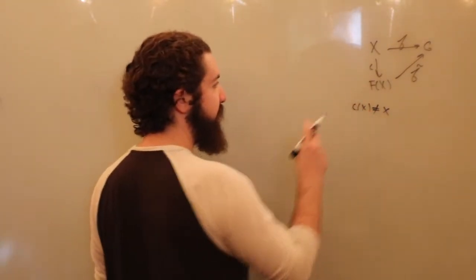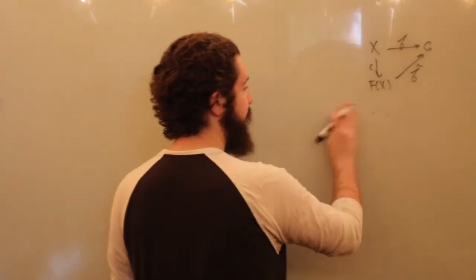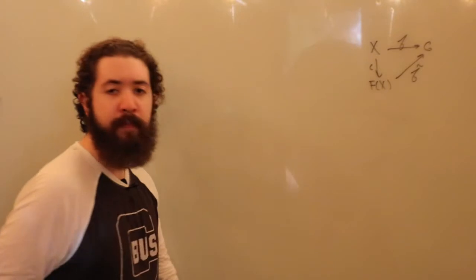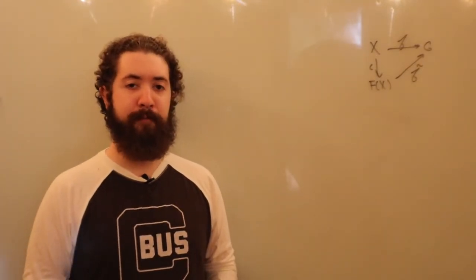It's the same element but with group structure added inside of F. So the only confusing thing really about this entire video is going to be keeping those straight, in my opinion.